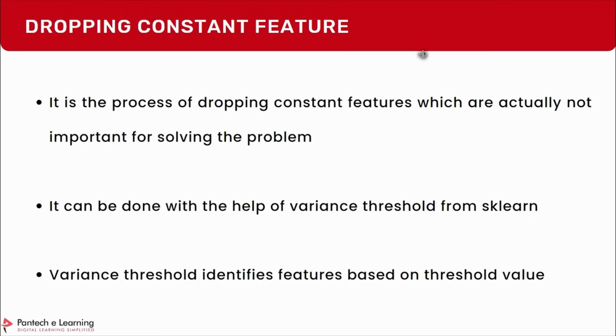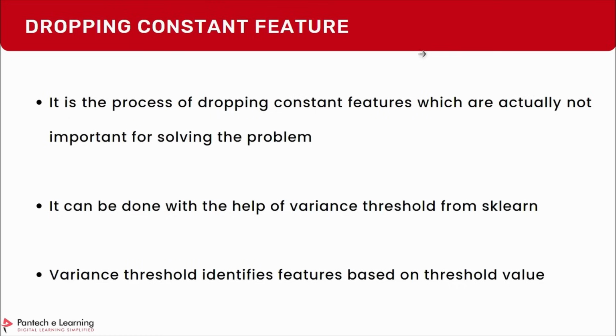Imagine you have a column which is constant everywhere. What is even the point of having it? Imagine a feature which has 1 in all the rows of that particular column. What is even the point of having it? It is going to be the same. If there is some change, then you can map it with your output.